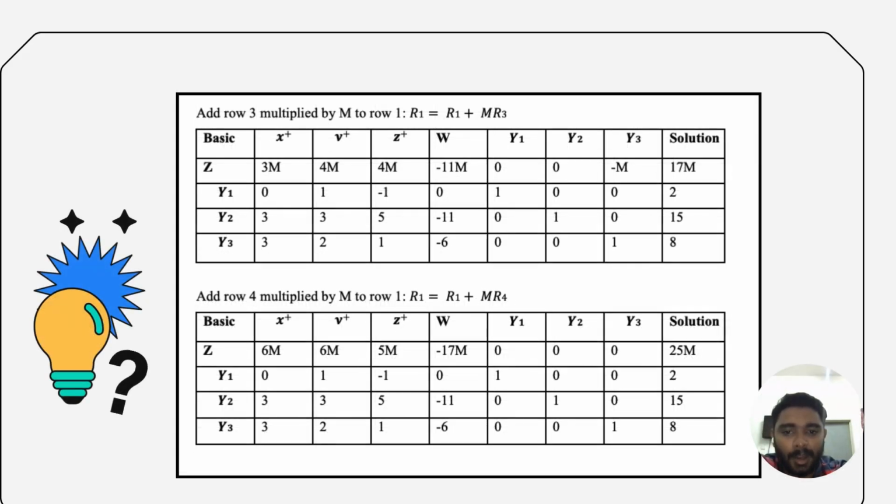Then we add row 3 multiplied by M to row 1, so R1 equals R1 plus M R3. The next step is to add row 4 multiplied by M to row 1, so R1 equals R1 plus M R4.